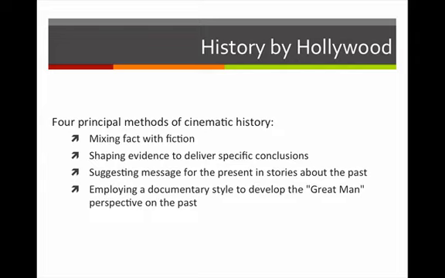This great man perspective relates to the idea that one individual or one small group of individuals can affect a level of change that is generally actually driven by a series of collaborative forces. You can see this in a number of different movies, in particular the biopic style movie. Because they're focused on one individual, these movies or books make it seem like that individual's contributions led inexorably to the outcome in the end.